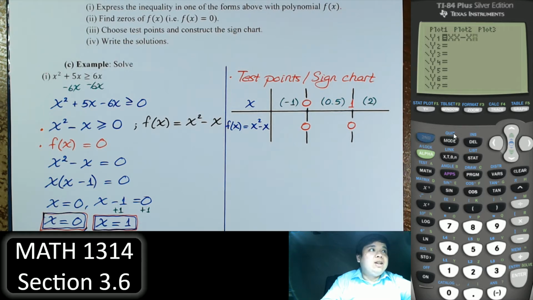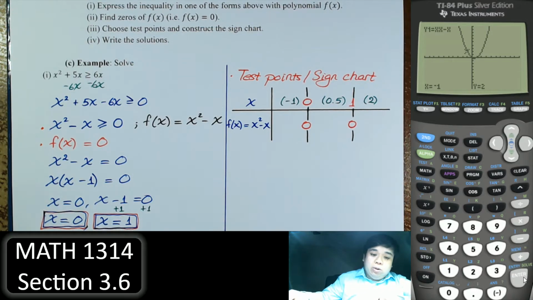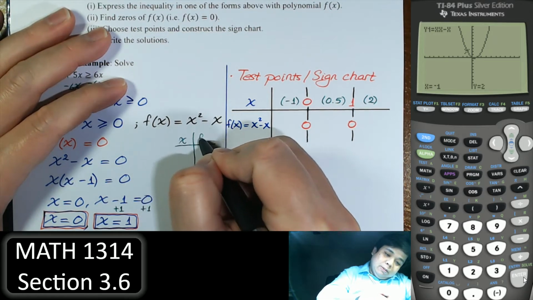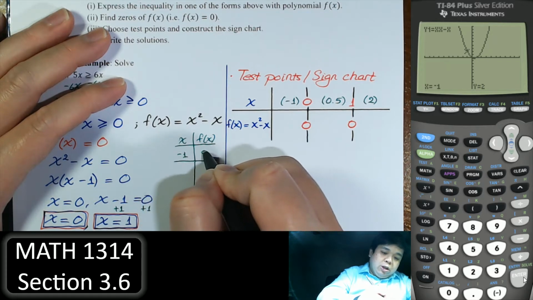Hit second trace, values. Hit enter. Now when x equal to -1, hit enter. Y equal to 2. We don't even need the exact values. Just make a little table real quick. X equal to -1, y equal to 2.